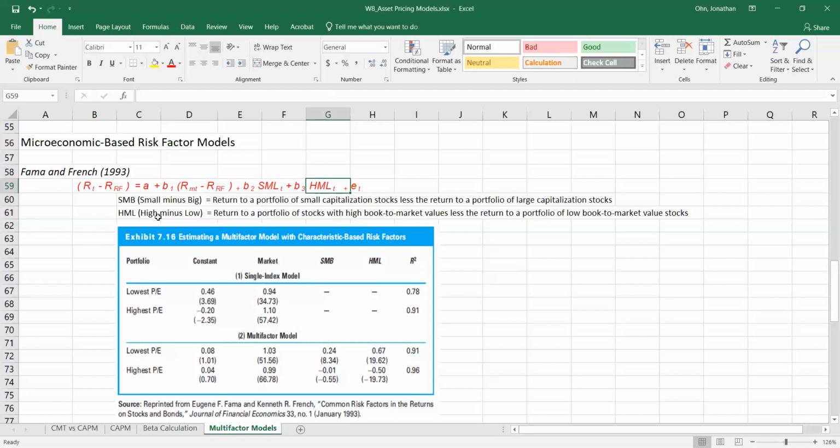So HML is the return to a portfolio of stocks with high book to market value, usually called value stocks, minus the return to a portfolio of low book to market value, usually called growth stocks.